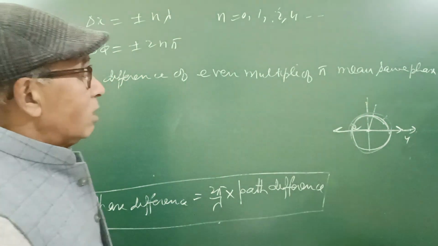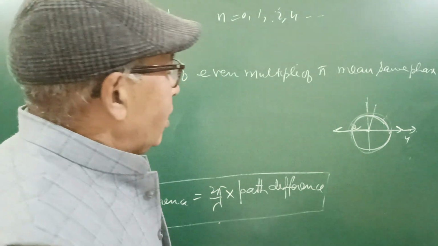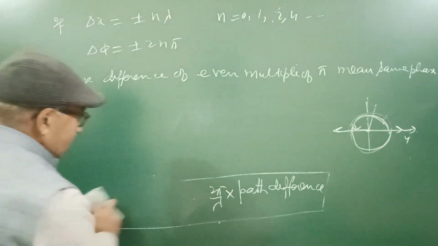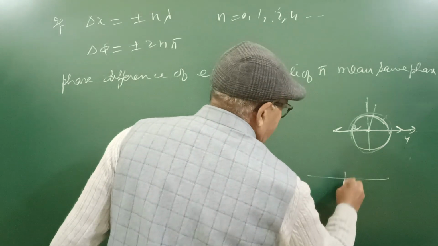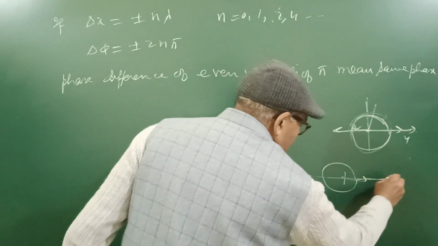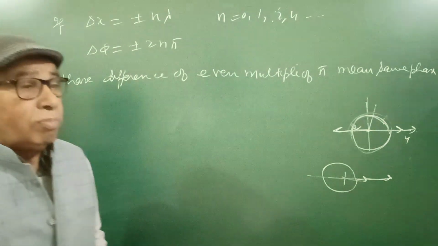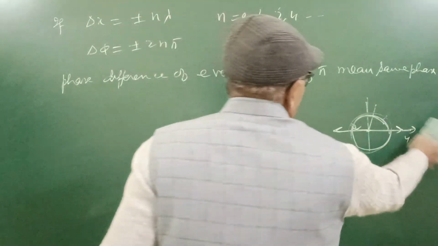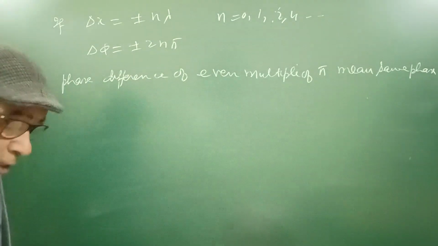So a phase difference of 0, 2 pi, 4 pi, 6 pi, minus 2 pi, minus 4 pi means same phase. If the particle here is y1 and the phase difference becomes negative, minus 2 pi is the same phase, same direction. Particles of the medium will be oscillating in the same phase after a distance of lambda, 2 lambda, 3 lambda.